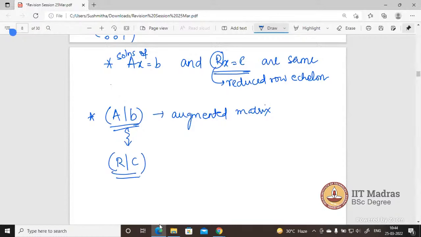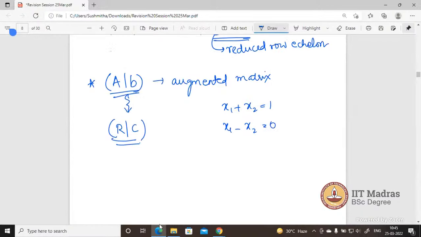So when you interchange two rows, what you're actually doing is just interchanging the equations, right? Suppose I have this system: x1 plus x2 is 1, x1 minus x2 is 0, Ax is equal to b.